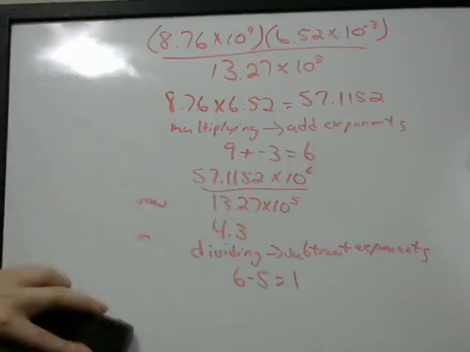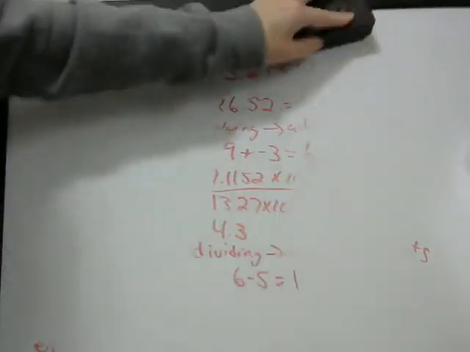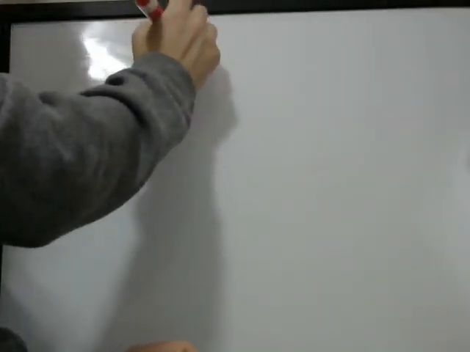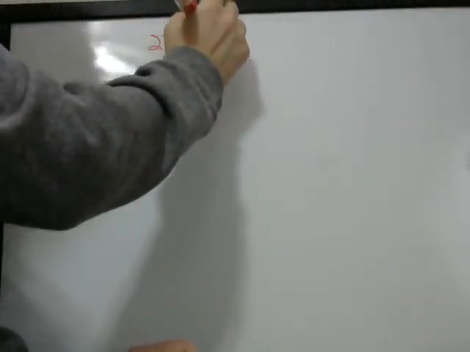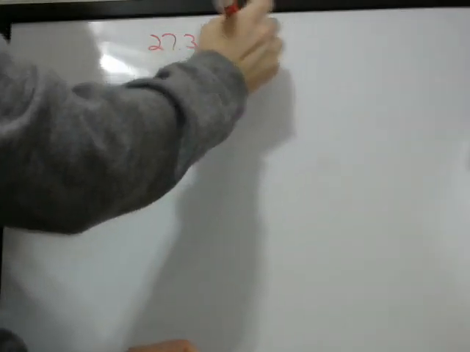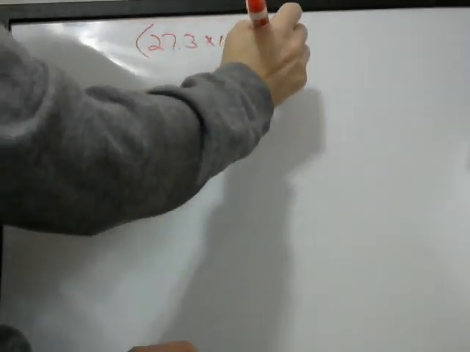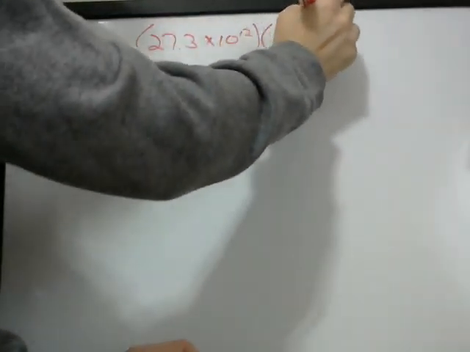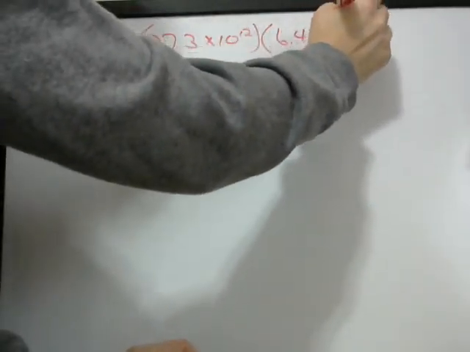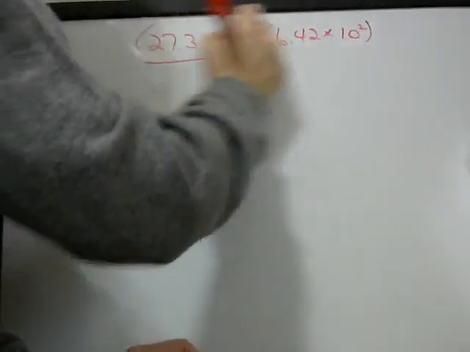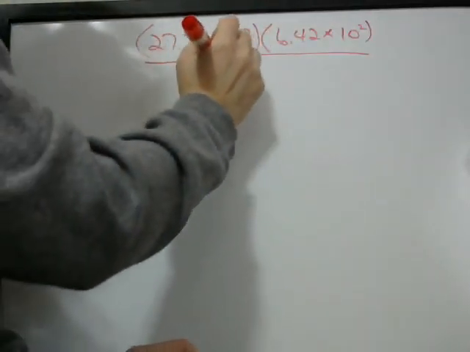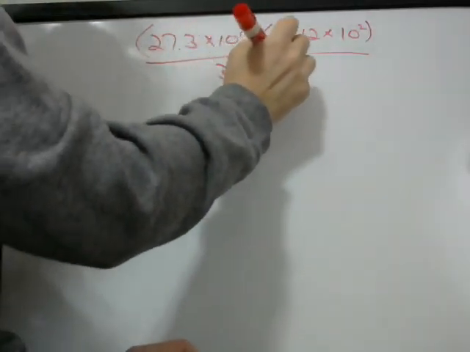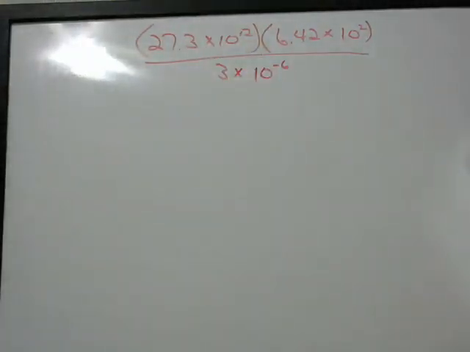Alright, we're going to do another example. Let's say we had 27.3 times 10 to the 12 times 6.42 times 10 to the second divided by 3 times 10 to the negative sixth.